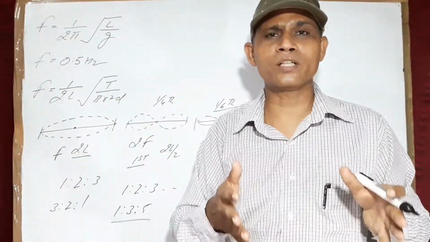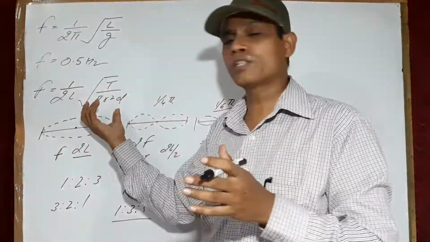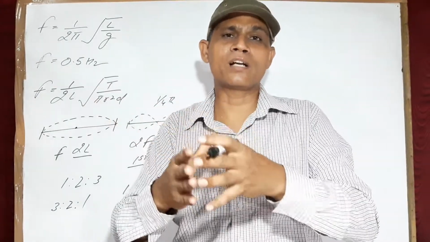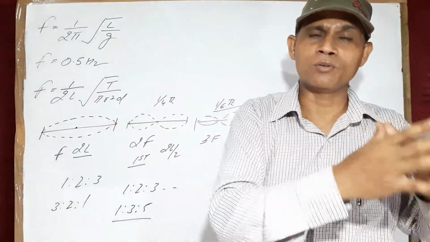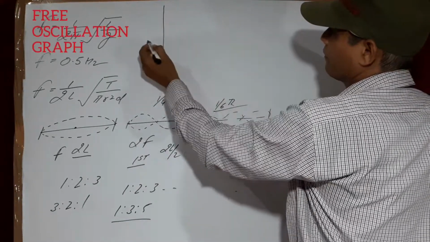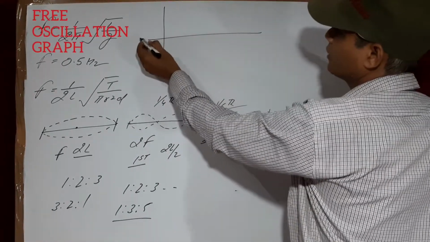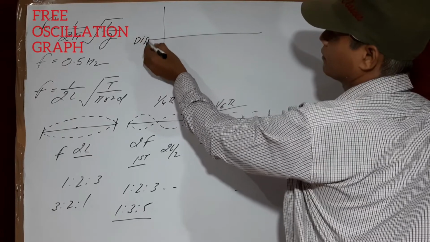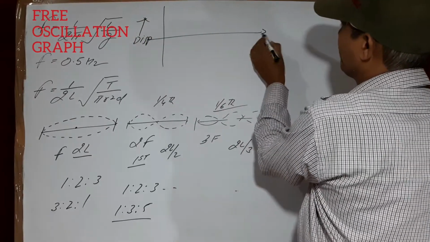First of all, I will draw the graph for the free oscillation, and then I will draw the graph for the damped oscillation. So for free oscillation, if I draw the graph, suppose here you are having displacement, and here you are having time.